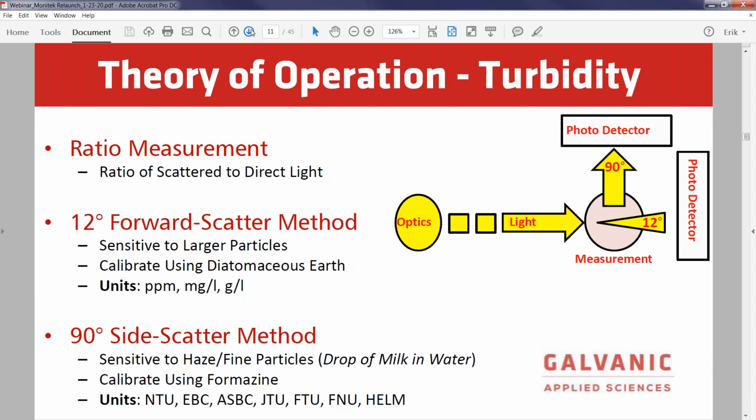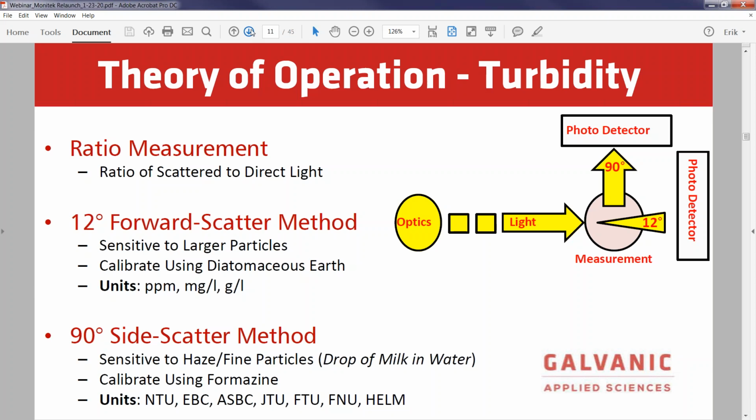And that's why we calibrate these, again, using the weight to volume method, using a standard of diatomaceous earth that we have here, which is just an ultra fine, half a micron to about 2 micron particle size of a silica particulate. And it stays suspended really well in the sample or in your standard, and it makes an amazing media to calibrate the units quite easily.